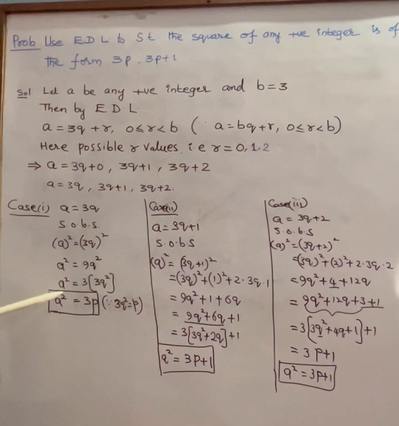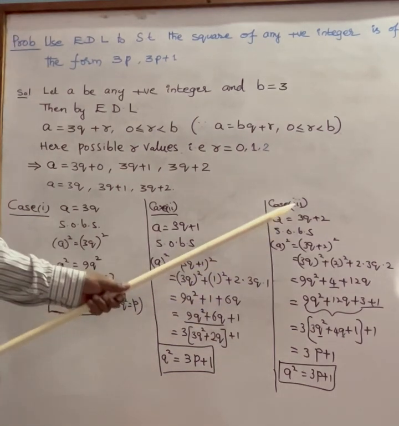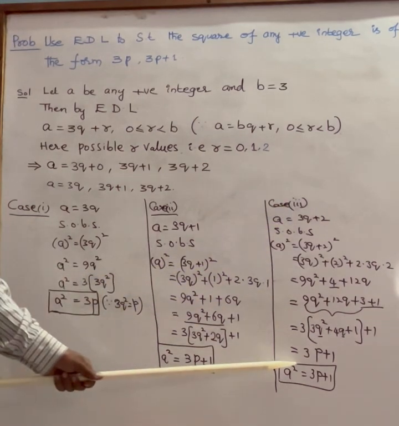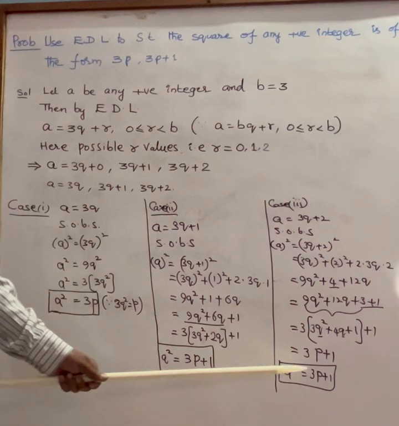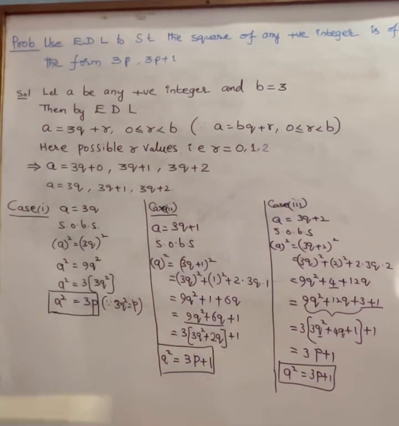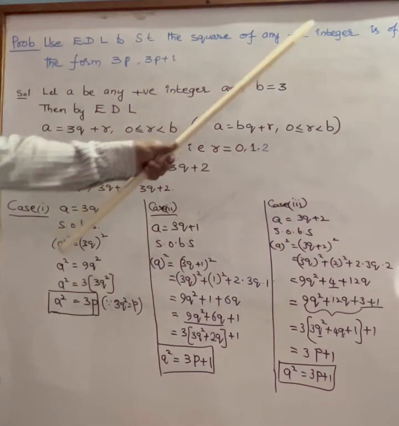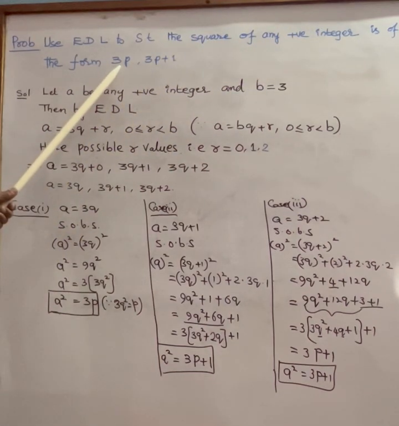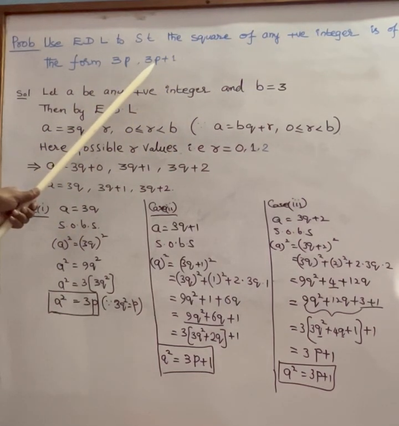In the first case, the square of a positive integer is in the form of 3p. In the second case, the square of a positive integer is in the form of 3p plus 1. In the third case, the square of a positive integer is also of the form 3p plus 1. Finally, the square of any positive integer is of the form 3p or 3p plus 1.